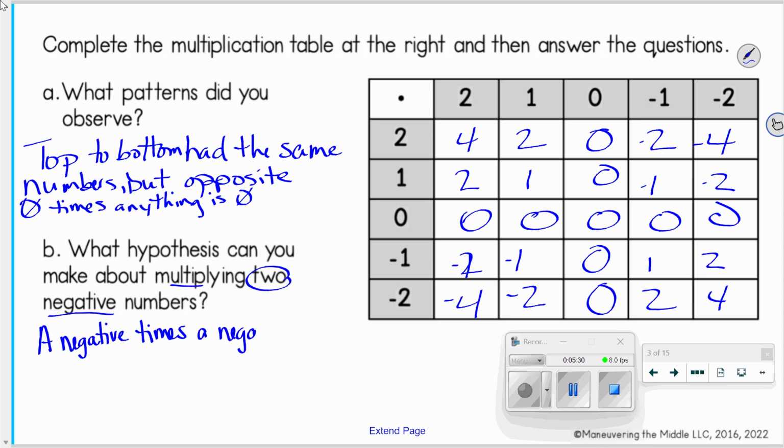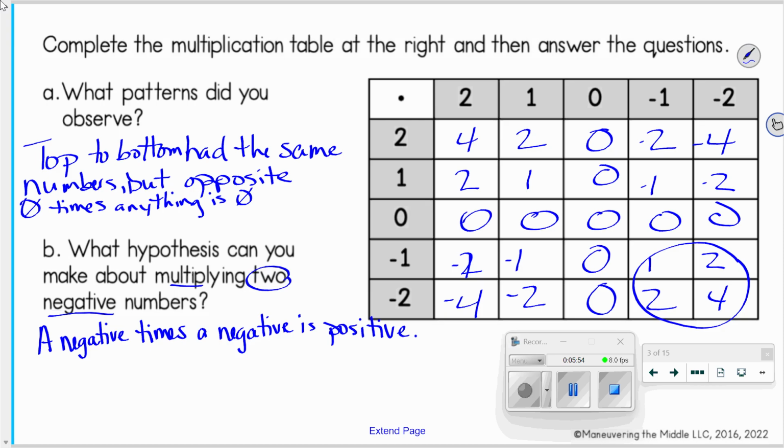So a negative times a negative is positive. Yay! We had all our negatives on the bottom, and we ended up with a whole quadrant of positives when I multiplied the negative times the negative.